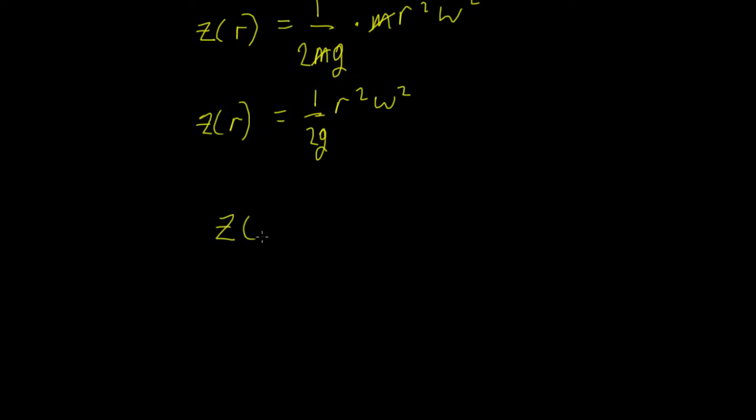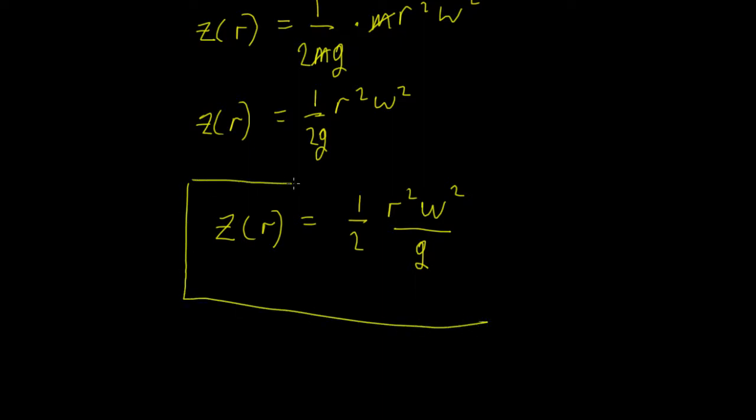So z of r is going to be 1 upon 2 r squared omega squared upon g. So that there is the shape of the new curve.